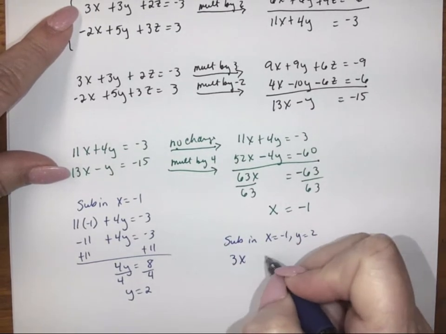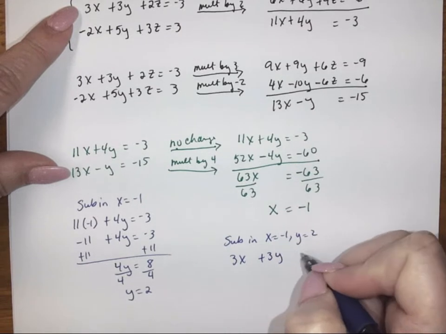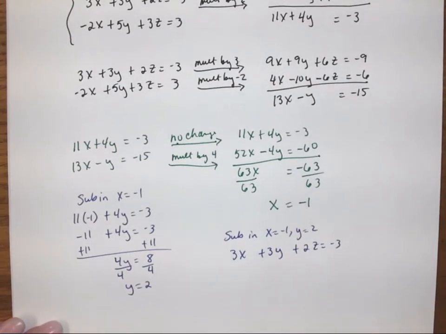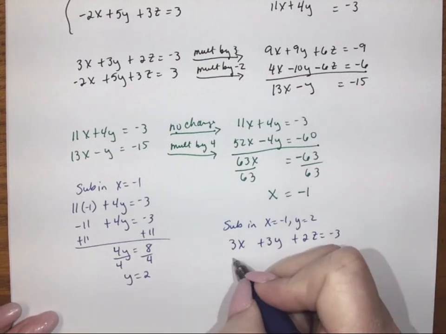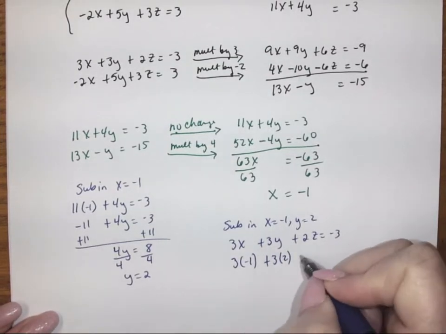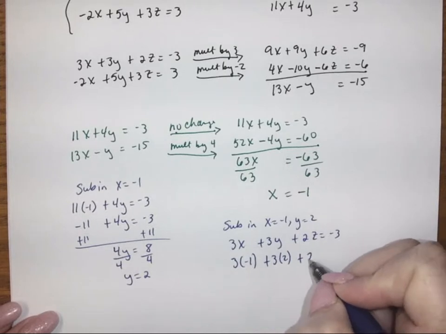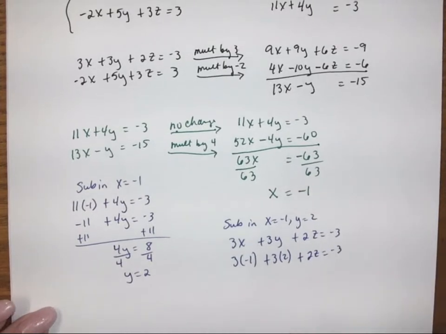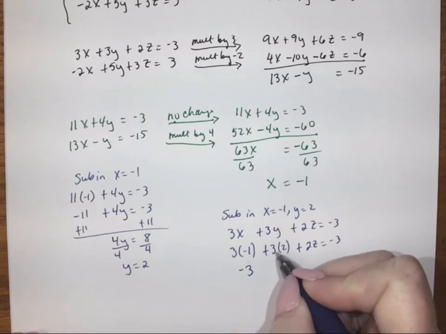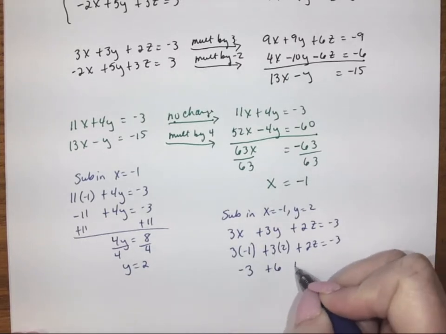So we have 3x plus 3y plus 2z equals negative 3. So I have 3 times negative 1 plus 3 times 2 plus 2z equals negative 3. So 3 times negative 1 is negative 3. 3 times 2 is 6.